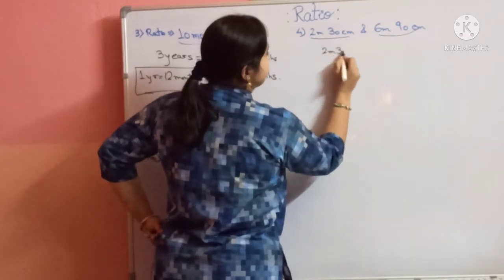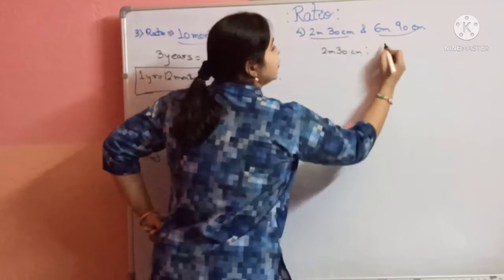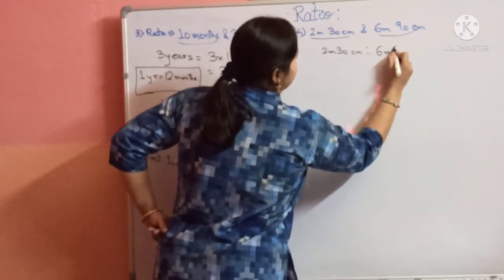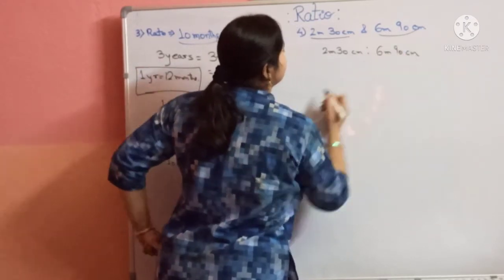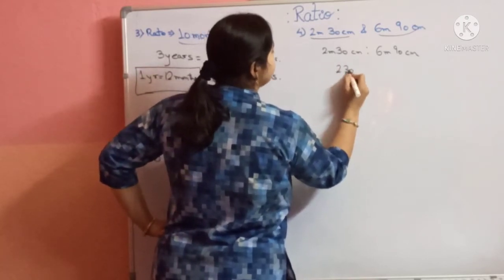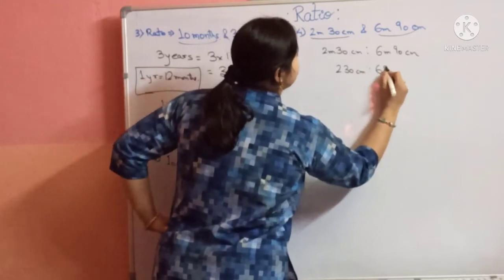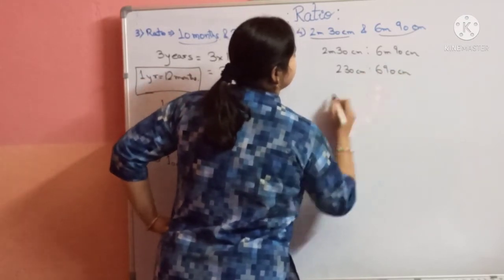2 meter 30 centimeter is to 6 meter 90 centimeter. So in the next step, 230 centimeter is to 690 centimeter.